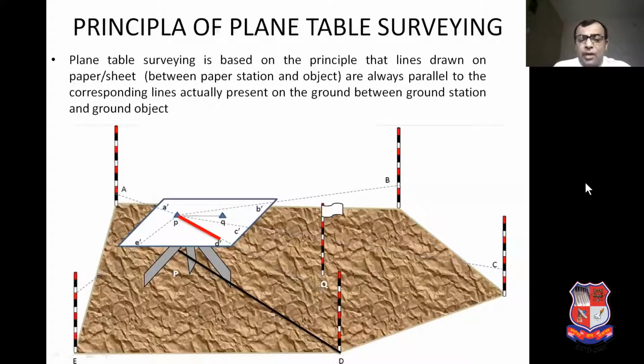You see, we will take the example of one station D. Our plane table is already set up at station P, and from P, our object D is bisected.